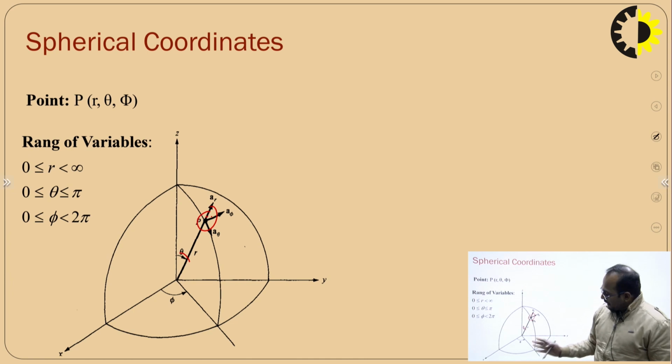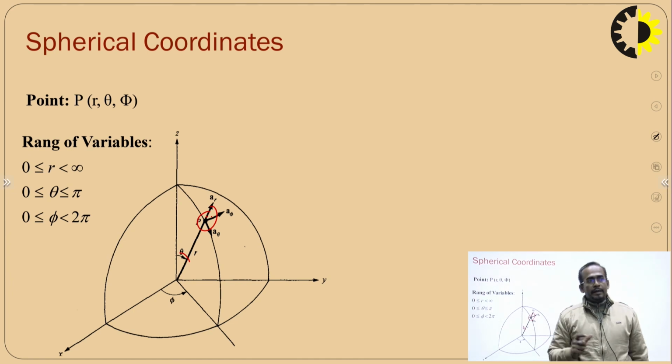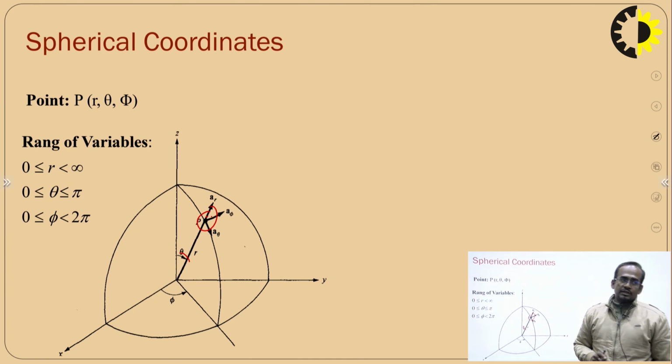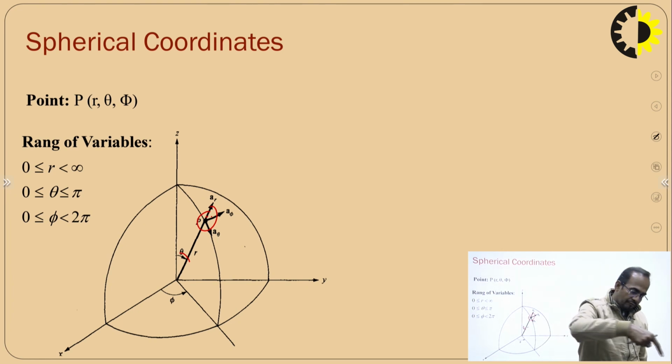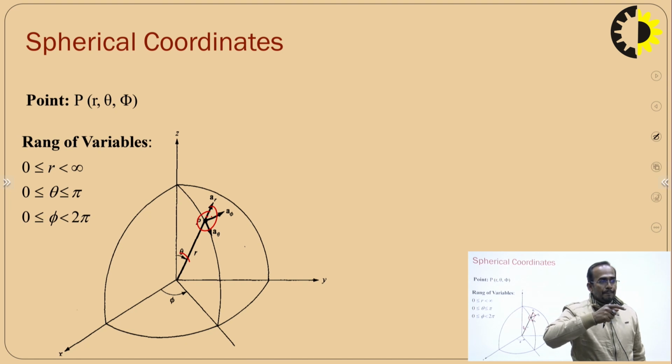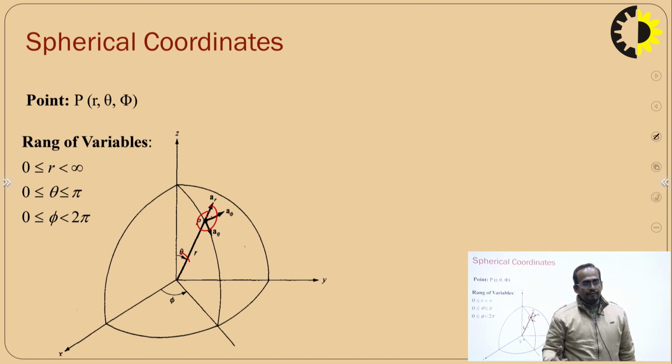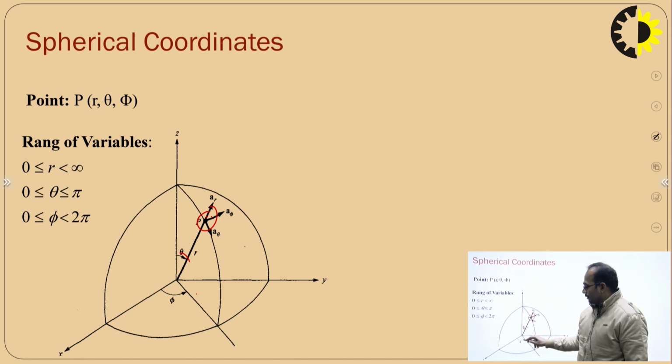So you can see here I have to prepare a hemisphere. For making a hemisphere, first of all, I have to make a circle. For making a circle, I have to vary this phi from 0 to 2 pi, and for making a hemisphere, I have to vary this theta from 0 to pi.